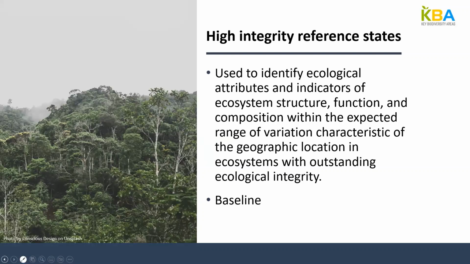So in other words, you can use high integrity reference states to identify the range of acceptable variation in the values of composition, structure, and function of the ecoregion. And there are multiple ways in which values for high integrity reference states can be derived.